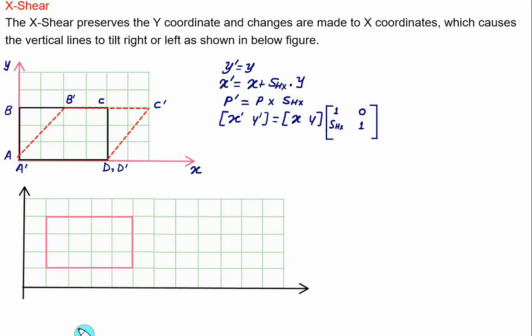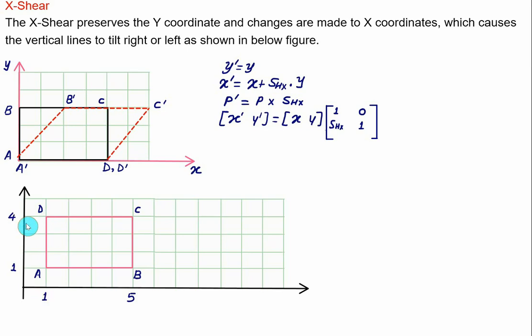Suppose the given figure ABCD is not at the origin. In that case, all the 4 points will change their position. So let's say initially we have coordinate of A equal to 1, 1. Coordinate of B is 5, 1. Then coordinate of C is 5, 4.